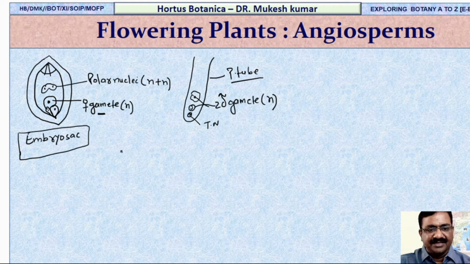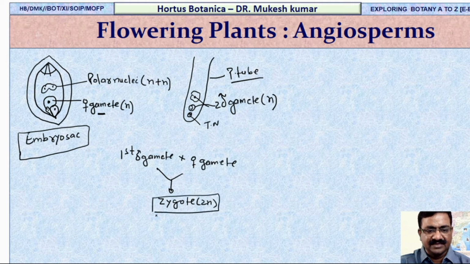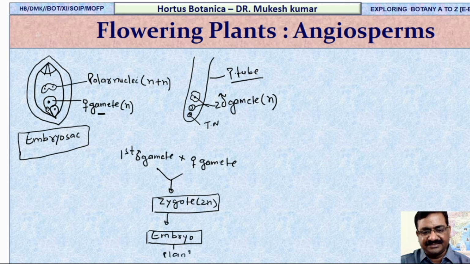The first male gamete fuses with this female gamete. Is it clear? This fusion results in the formation of the zygote. Yes, it is diploid 2N, and this zygote will finally get nurtured and form the embryo, and this embryo will develop as a plant.